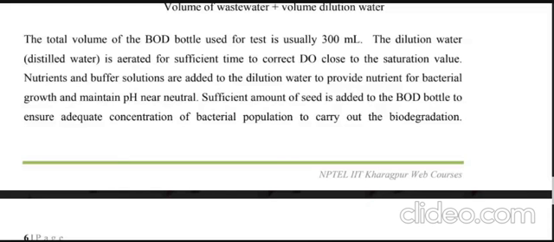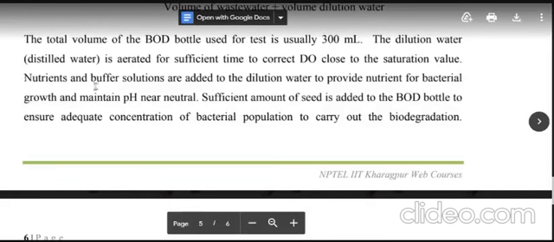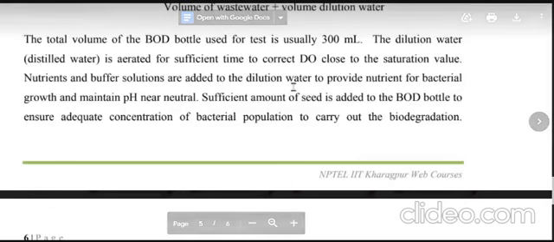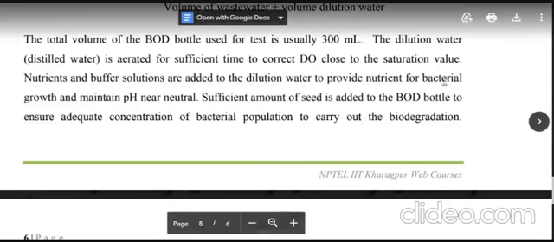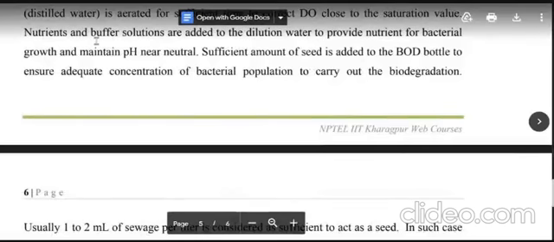So we give some nutrient food, and after consuming it, they attack the organic food present in the wastewater. So the nutrients and buffer solution are added to the dilution water, to provide nutrients for the bacterial growth and maintain the pH. The buffer solution is for maintaining the pH.